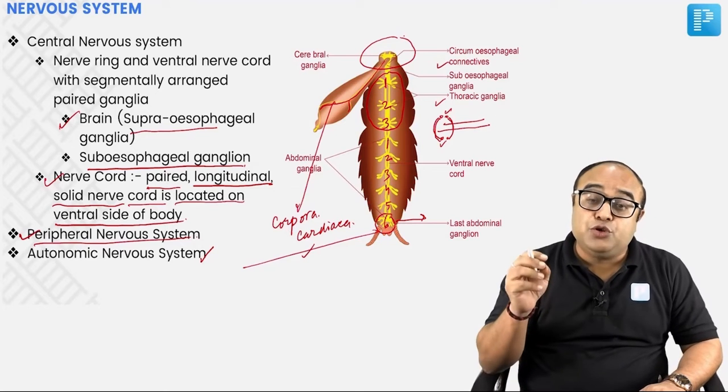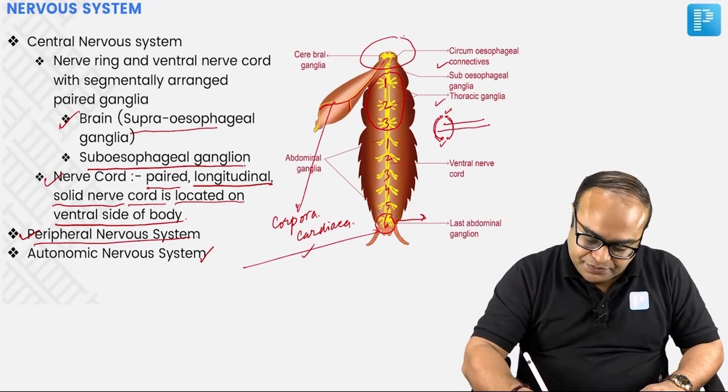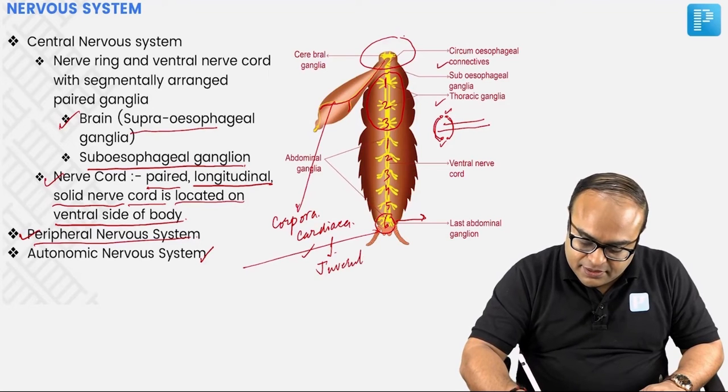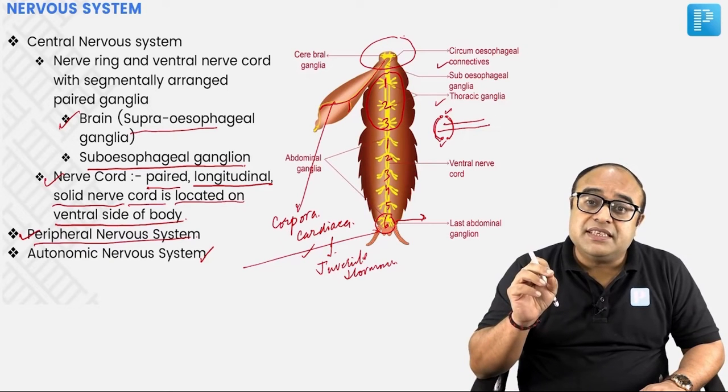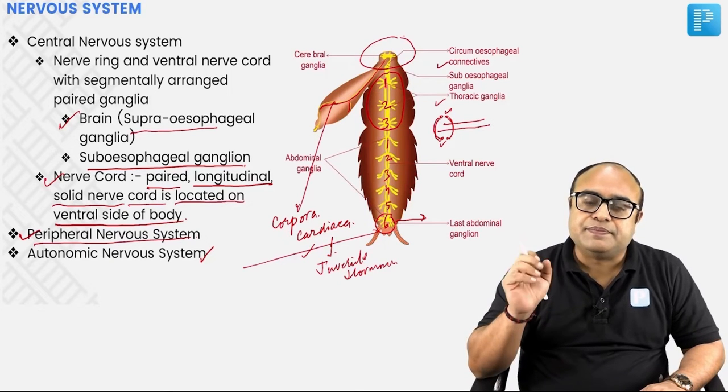It releases a juvenile hormone and is under the control of the sympathetic nervous system.